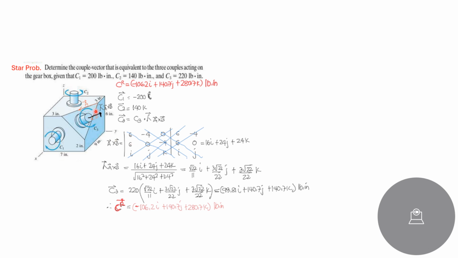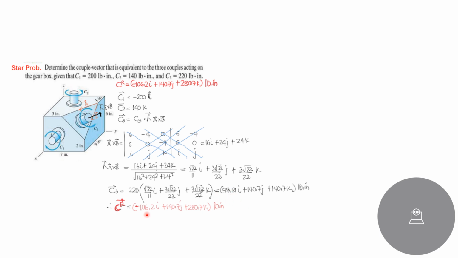The vector form of C3 therefore is obtained by multiplying this magnitude 220 with the unit vector. So that would be the couple C3, 93.81i plus 140.7j plus 140.7k pound-inch. So combining, the resultant couple is in i, negative 200i plus 93.81i.